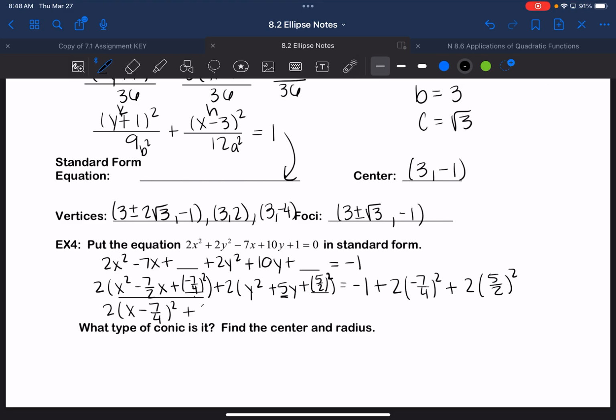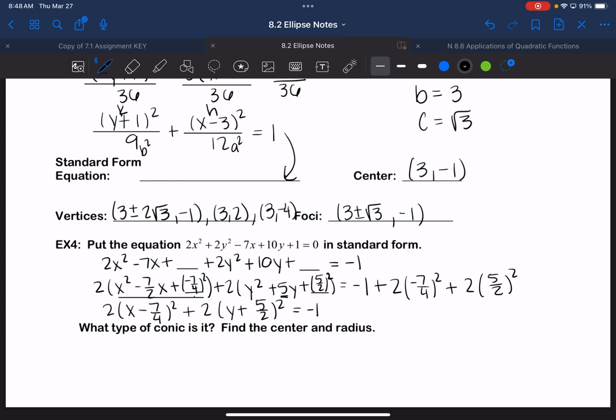Plus, next piece also had a coefficient of 2. This one had all positive signs, so this one will be factoring into y plus 5 over 2 quantity squared. Okay, and then over here, we're going to have equals -1.